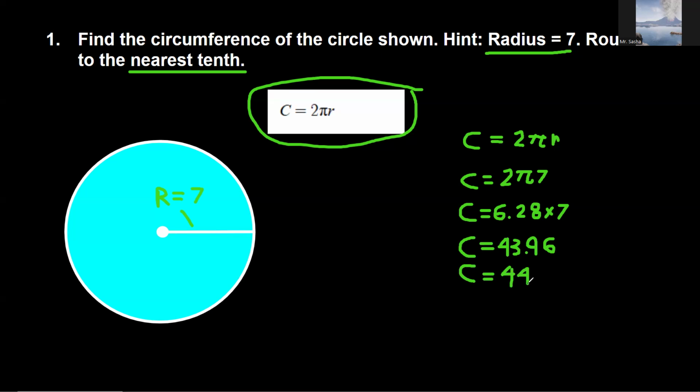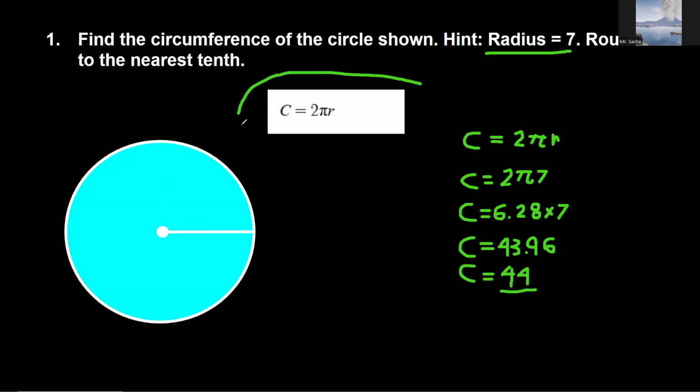Our circumference all the way around is 44. You see how I solved it? You just have to follow along and use this formula. And remember, this is the radius, and the diameter is from this side all the way to this side.